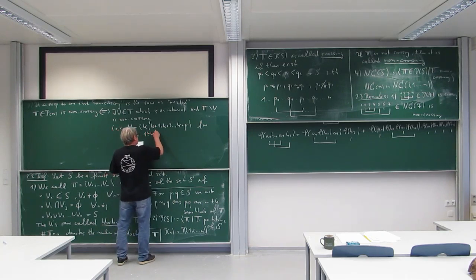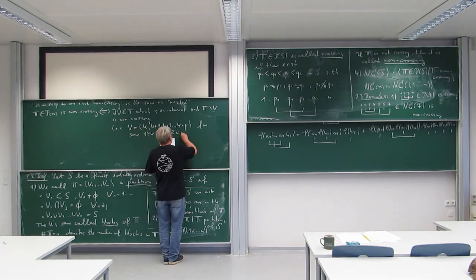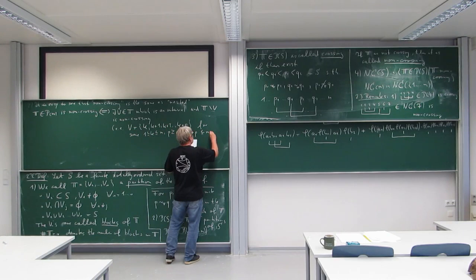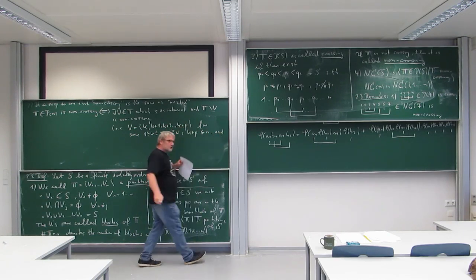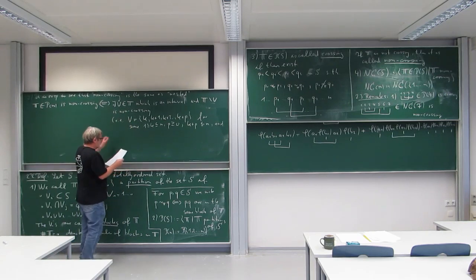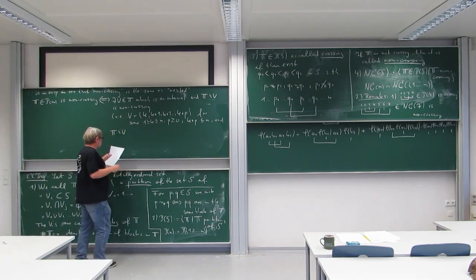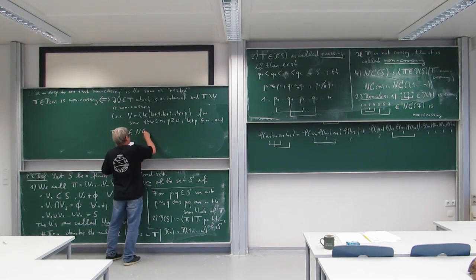So this means for some k less than or equal to n, some p greater or equal to 0, such that of course k plus p is still less than or equal to n. Okay, so this is an interval, so I have to find such a block, and then if I take out this block, I'm remaining with pi without this V, and this should then be a non-crossing partition.